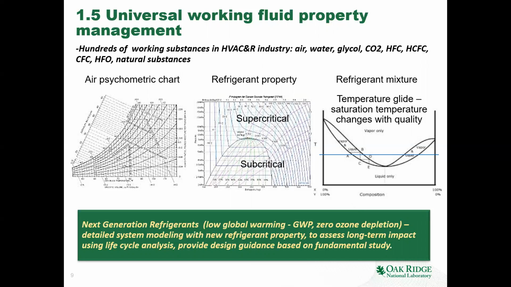For example, air, water, glycol, CO2, HFC, HCFC, and other natural substances. For the refrigerant properties, we can handle refrigerant mixtures, for example, zeotropic refrigerants, which have a glide changing with the refrigerant quality in the two-phase region.